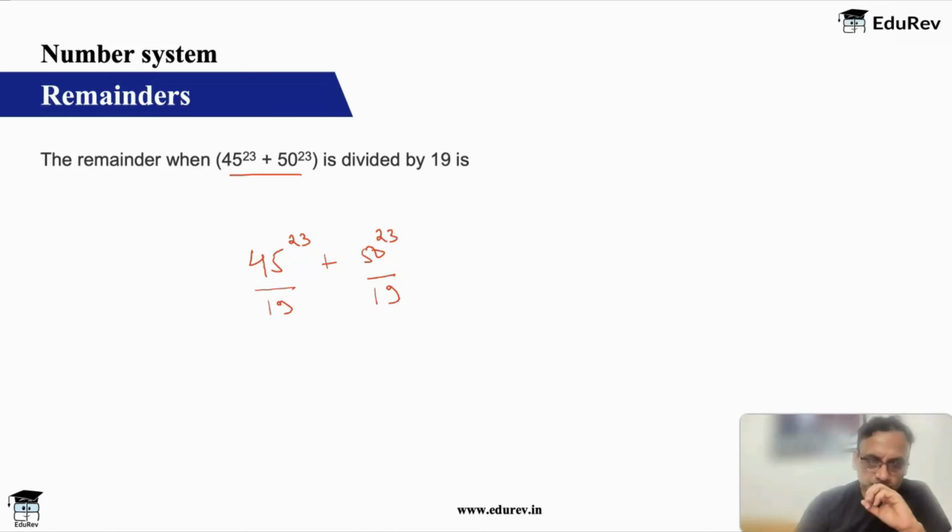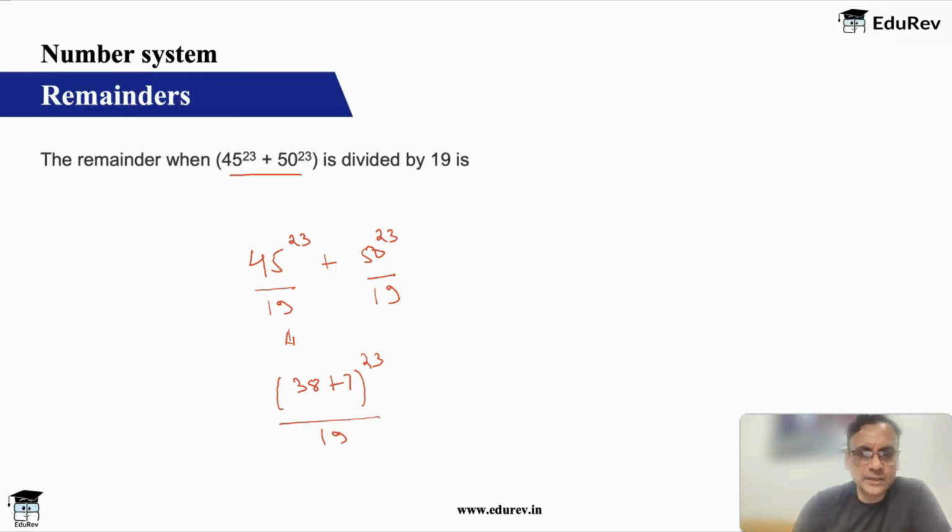So first one, you can see that 45 can be written as what? A multiple of 19 is 38. So I'll write it as (38 plus 7) to the power 23 divided by 19.